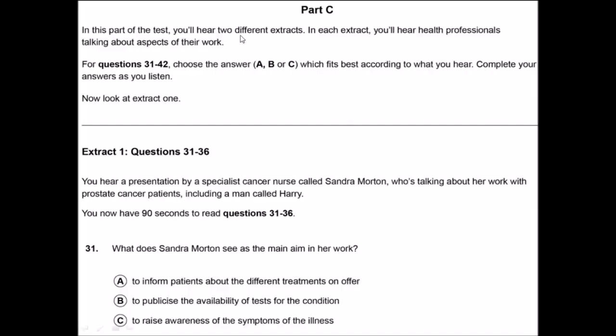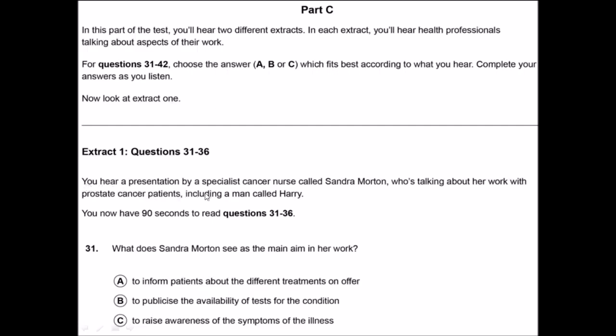This type of test will be given to you in OET listening part C. Let me tell you how to apply the strategy of the extra 1 minute 40 seconds in OET listening part C. As your OET listening part B ends, start reading this part C from here.